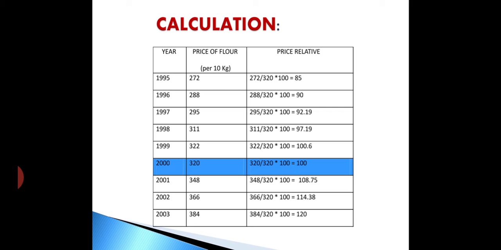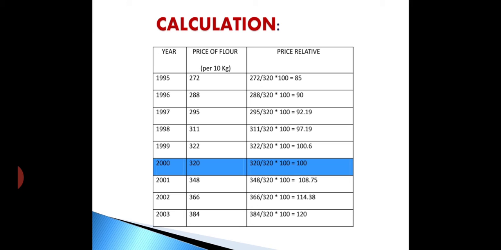In the same way, we will calculate the price relative or simple price index number for the remaining years till 2003. And you can see that in the year 2000, which is the base year, the price relative is 100, because the price relative or simple price index number of the base year is always 100.